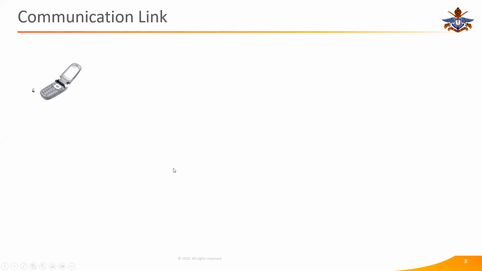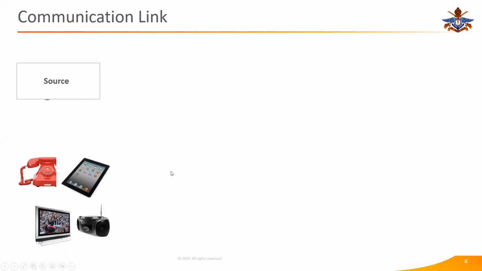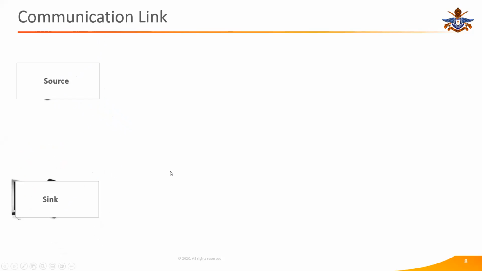We call all of them message sources. And on the other end, we have to take that data and put it on a loudspeaker if it's music, on a TV if it's video, and on a phone for a voice. So we have to convert them and enable the other person to hear or watch the information that you have transmitted. Now, as human beings, we don't create any digital data.